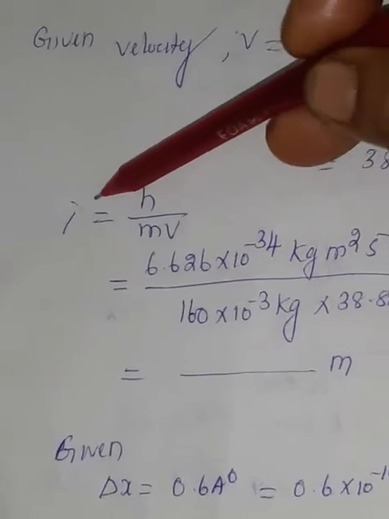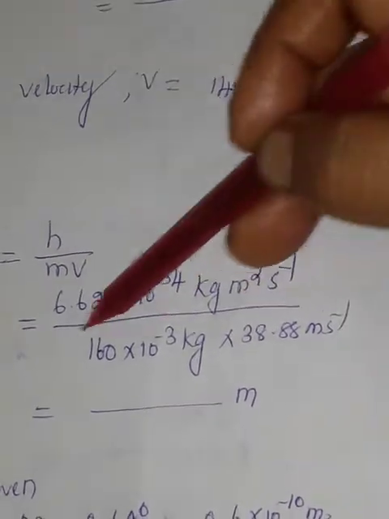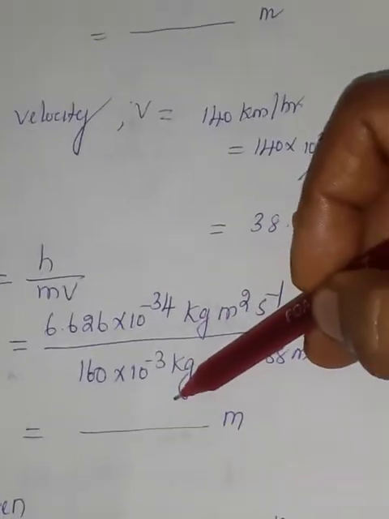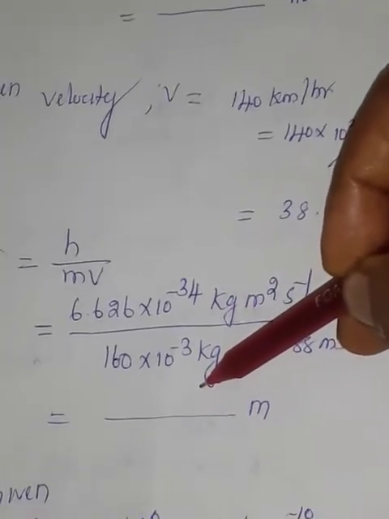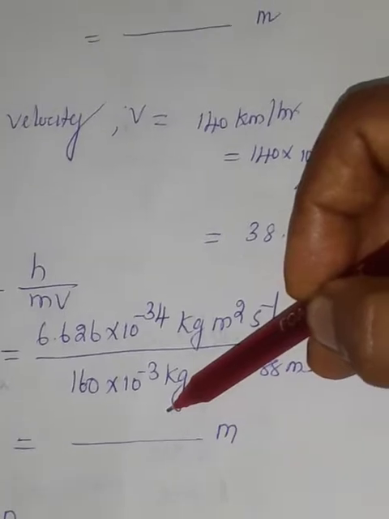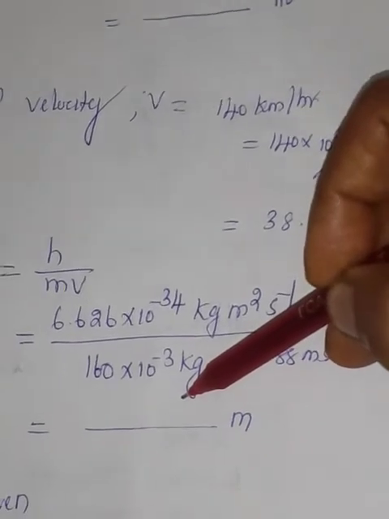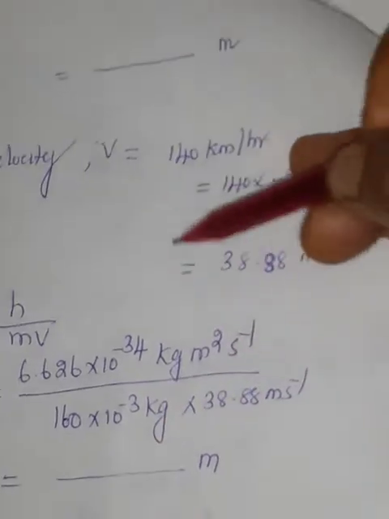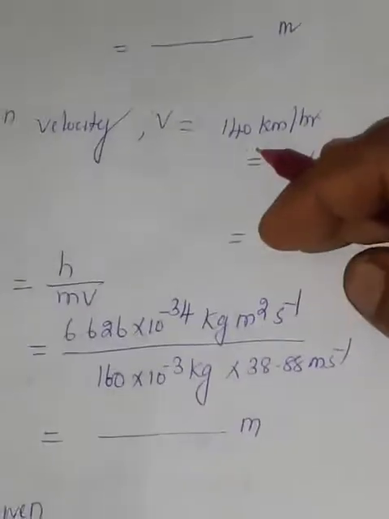Then substitute in lambda is equal to h by mv and you get the value. Work out and find the answer. Answers are given at the back of the book. There also these problems are worked out, but I worked them out very simply. You can check with that answer.